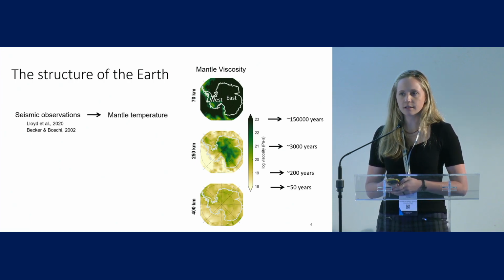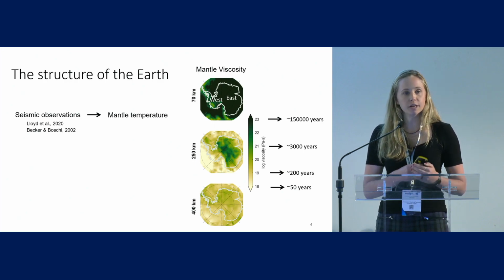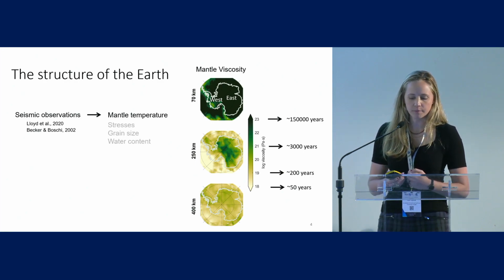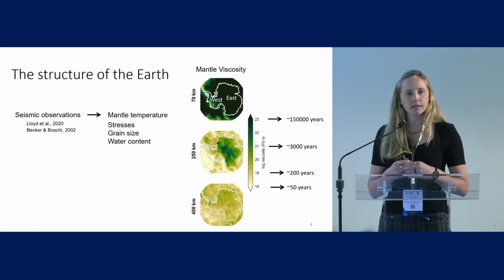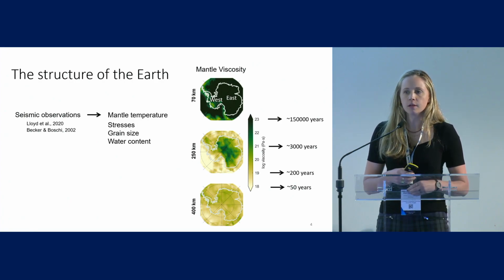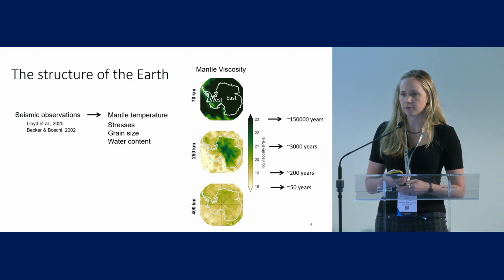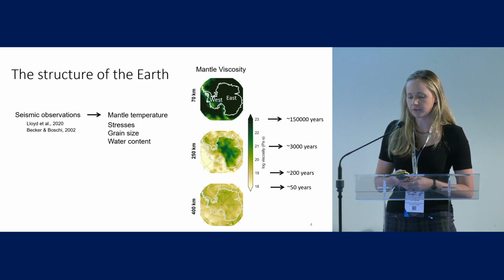So you can derive this from seismic observations, and then you can compute a mantle temperature. And then together with a stress, the grain size of mantle material and water content, we directly compute the strain rate, which is a little bit different from what we also heard before.